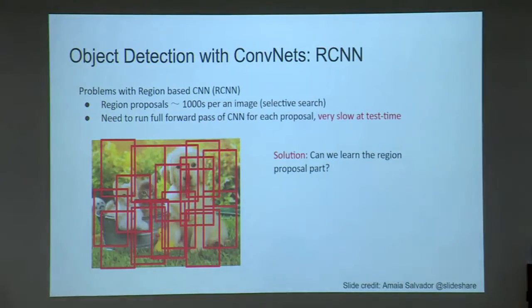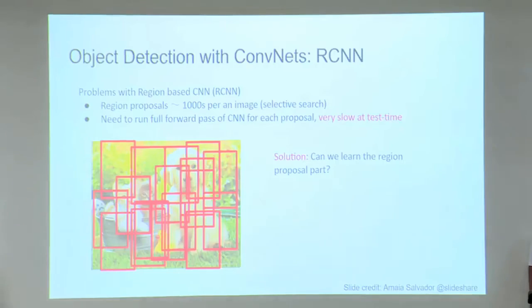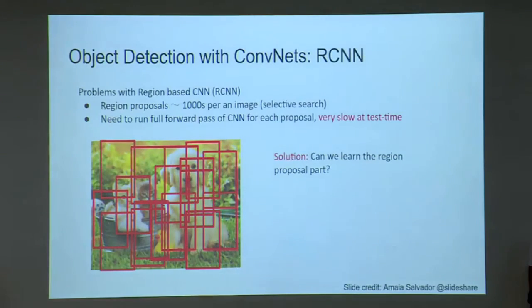So what is the solution? There are two improvements that can be thought of. One is that instead of running the CNN on each region, you take the bounding box in the image and find out how it gets transformed as it goes through the various layers. I can go to some layer which I have decided to extract the features from, and from there I can have my classifier.